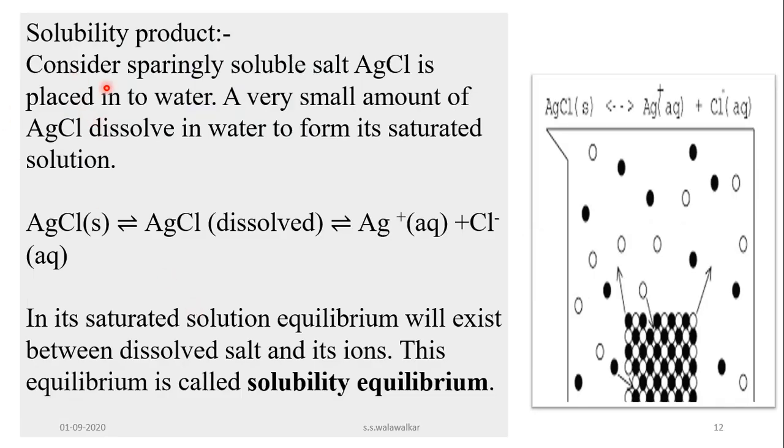When a sparingly soluble salt is placed in water, a very small amount of it gets dissolved in water to form the saturated solution. See here, AgCl is a sparingly soluble salt. When it is dissolved in water, a very small amount of AgCl gets dissolved and forms equilibrium with Ag ions and Cl ions in the aqueous medium.